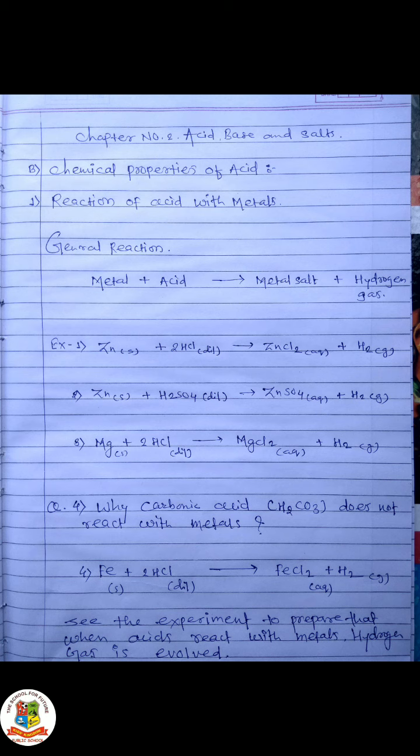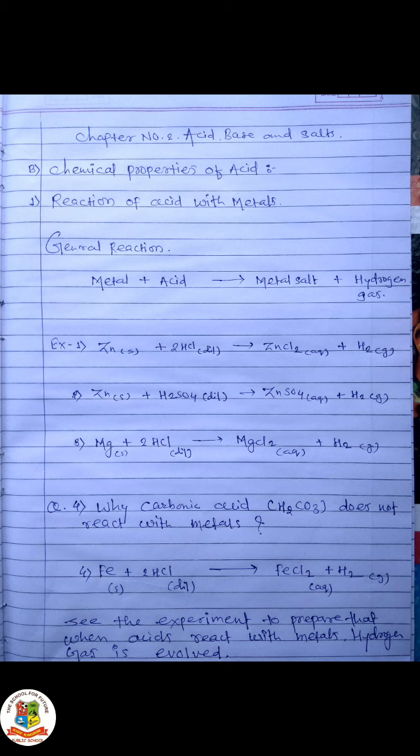acids. There are two types of acids, organic acids and inorganic acids. Inorganic acids are those acids which are obtained from minerals of the earth, and these are also known as mineral acids, and these are more dangerous to handle than the organic acids.